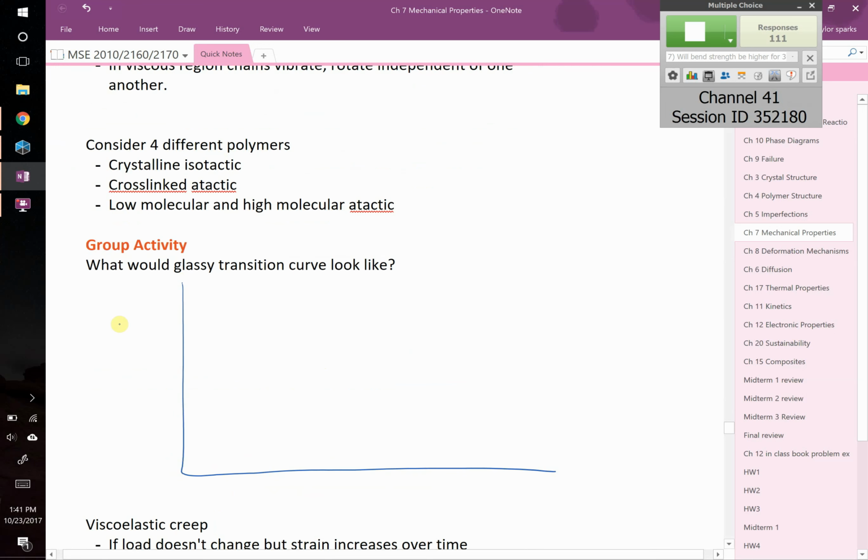If you were to plot Young's modulus versus temperature for 4 different materials: a crystalline isotactic material, a cross-linked atactic material, and a low molecular weight versus a high molecular weight atactic material. So these are all the same polymer. The only difference is that the side group is all on one side with isotactic. It's random, but it's cross-linked, or it's not cross-linked and it's low molecular weight versus high molecular weight. How will this glassy transition curve look for these 4 materials? Take a shot at sketching that, and we'll probably end on that note.